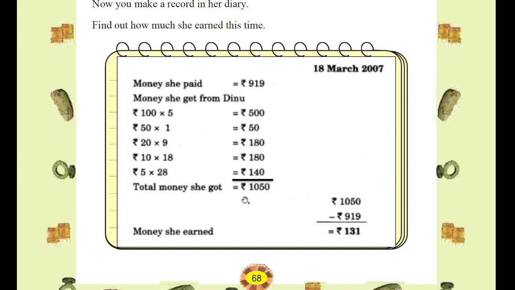After adding the amounts, we are getting rupees 1050, and it is already given in the question that she has paid rupees 919 to the junk collector, and you have to find how much she earned. So here you have to subtract rupees 919 from rupees 1050. After doing the subtraction, you are getting rupees 131, and this amount Kiran has earned.